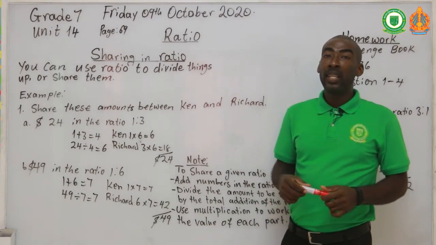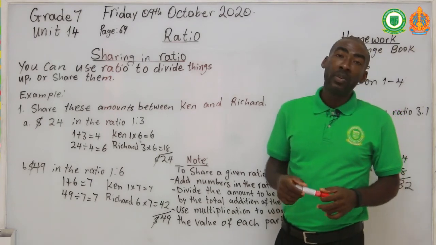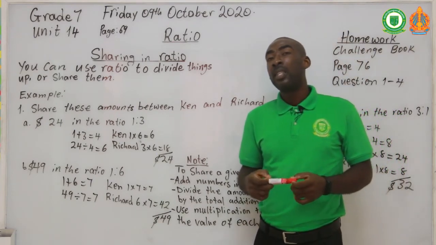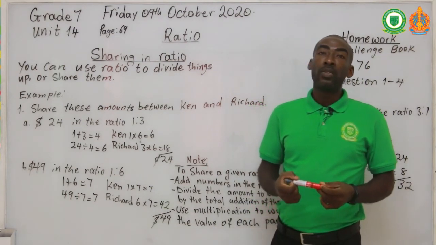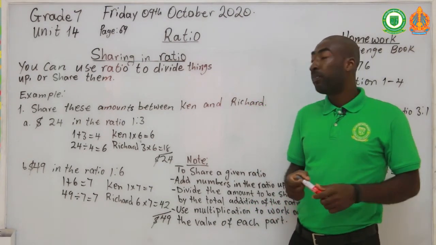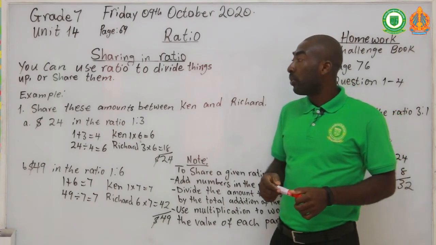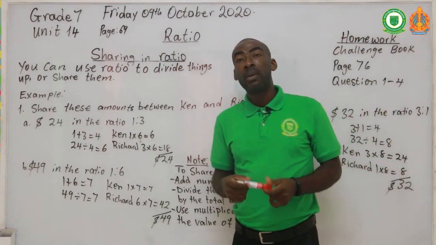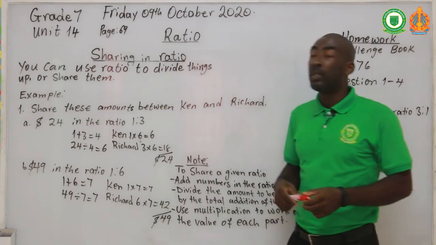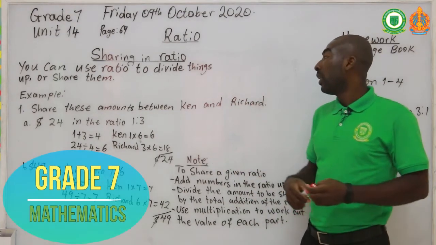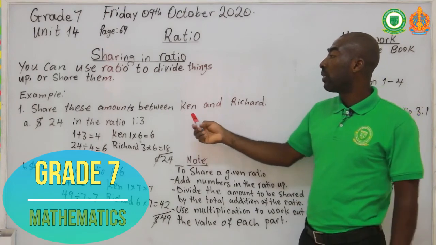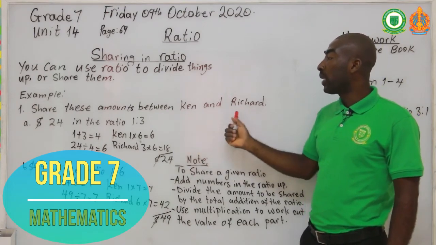So basically our lesson has been on ratio, and we have studied how we can use ratio to divide or to share things up. In ratio, we always write our ratio depending on the instruction or the statement that was given. Example, this ratio was between Ken and Richard.